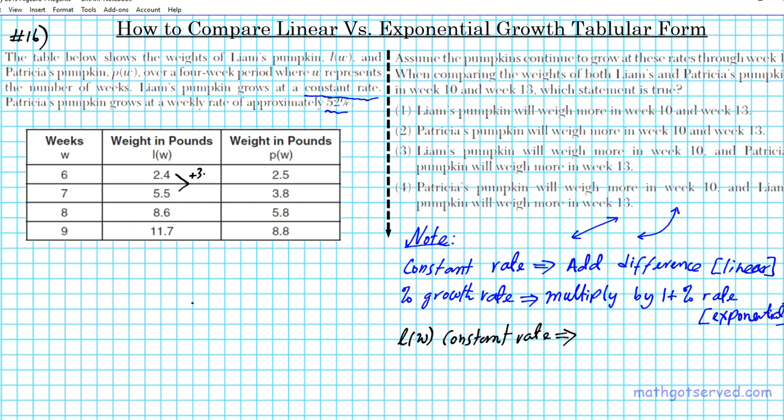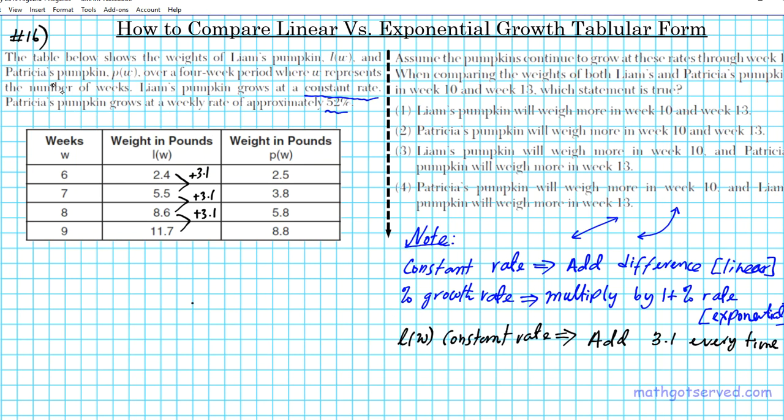So you add 3.1. And then just to test it, if you add 3.1 to 5.5, guess what? You get 8.6. If you add the constant rate, which is 3.1, to 8.6, you get 11.7. Okay, so for the function L of W, what you do every time for the constant rate is you add the difference, which is what? 3.1. So add 3.1 every time. Alright, it is an additive relationship.